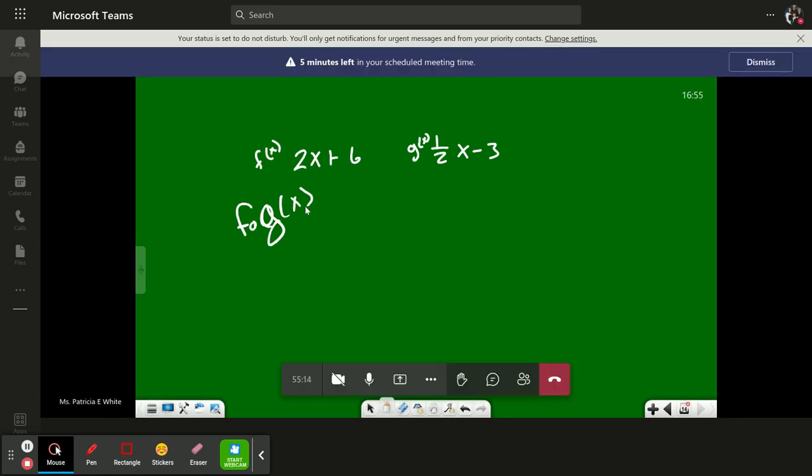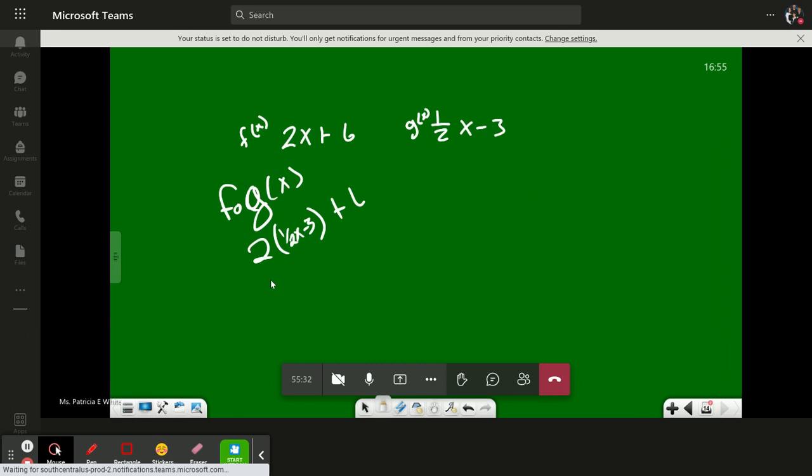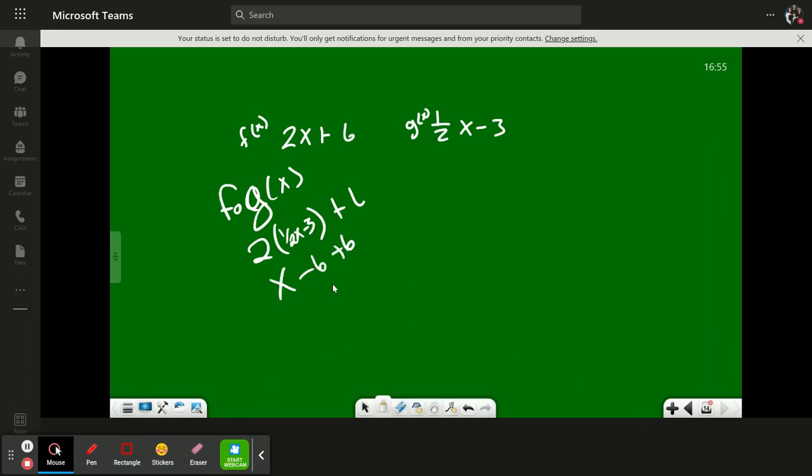Okay, so I'm gonna say 2 times the empty parentheses plus 6. What's going in my empty parentheses? 1/2 x minus 3. What's 2 times a half? 1. Minus 6 plus 6, I get x.